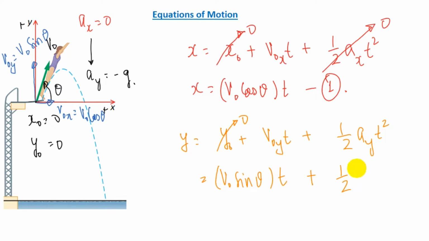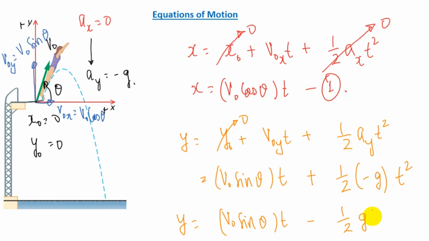Now ay we have minus g, times t squared. So from here we'll get y is equal to v0 sine theta multiplied with t minus 1 over 2 g t squared. So this is the second equation.